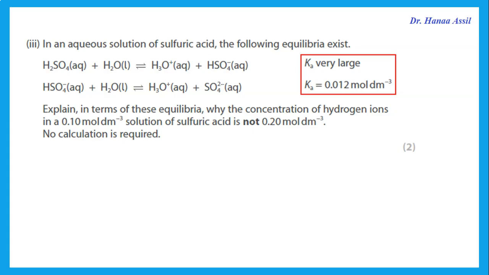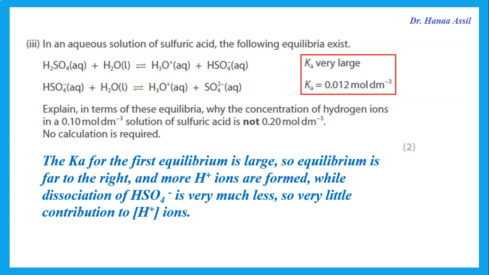Well, that's because the Ka for that first equation is very large, so the equilibrium is far to the right, and I get a lot of H plus from the first dissociation. But for the HSO4 minus to dissociate again and give more H plus, the Ka is very small, so very little is produced, and it will not contribute a lot to the total concentration of H plus ions.